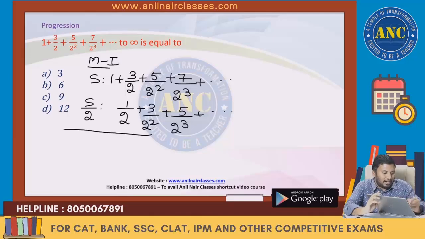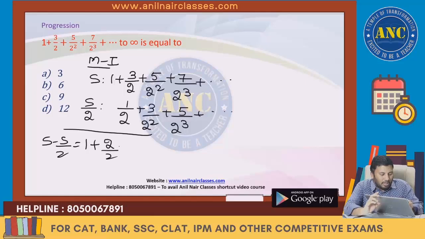If I subtract, S minus S by 2 equivalent to 1 plus 3 by 2 minus 1 by 2, 2 by 2, next is 5 minus 3, 2 by 2 square, which is 1 by 2. Here it is nothing but 1. 7 minus 5, 2. 2 by 2 cube is 2 by 2 square and so on.